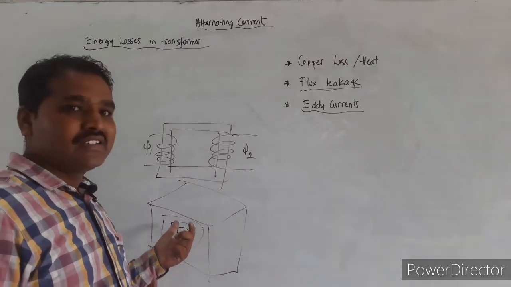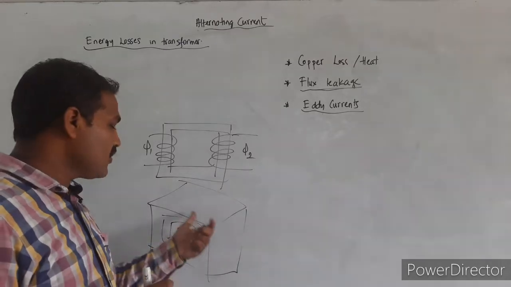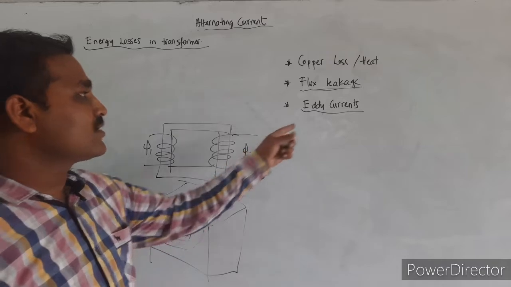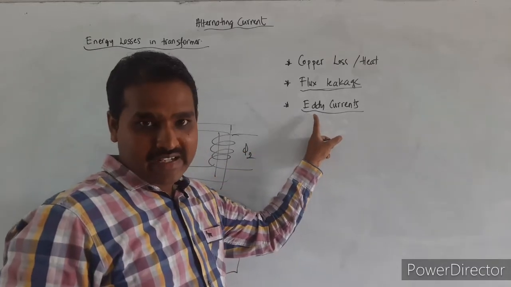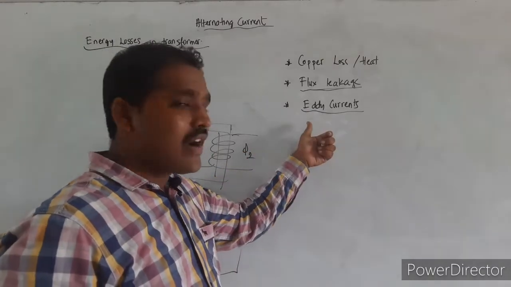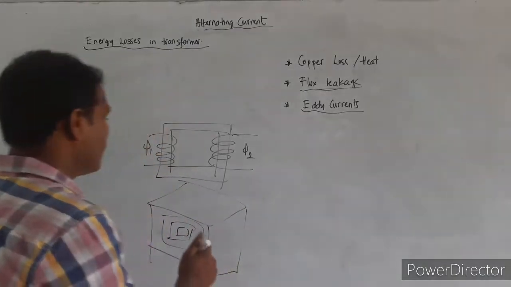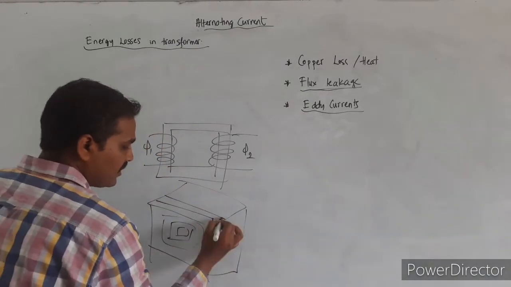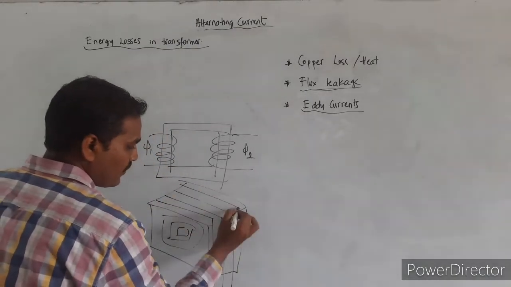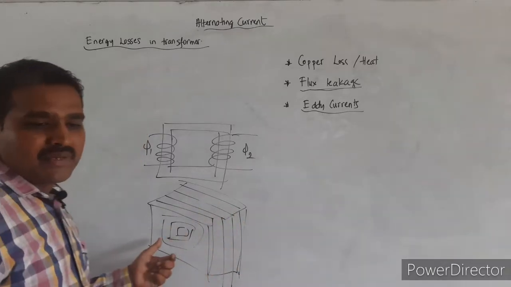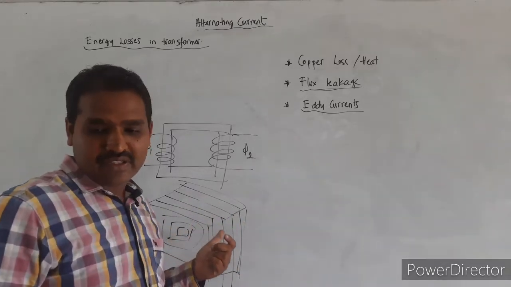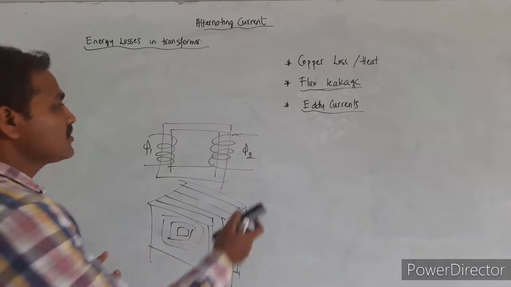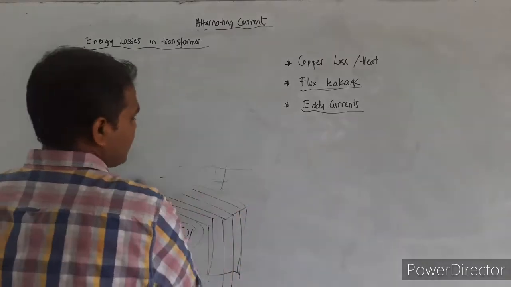This energy loss because of these whirling currents is called loss because of eddy currents. To avoid the loss because of eddy currents, we use a laminated iron core.